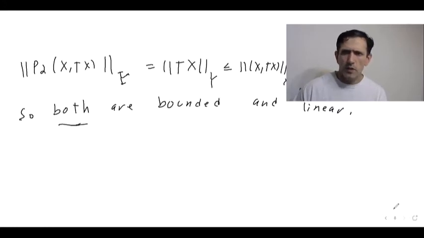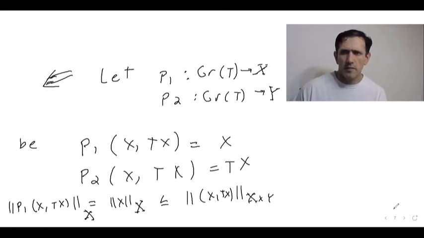So one thing to notice is that P1 is obviously onto, it's obviously surjective. I mean, there's nothing to say there. Pick any x in big X, apply P1 to x, tx, you get x.